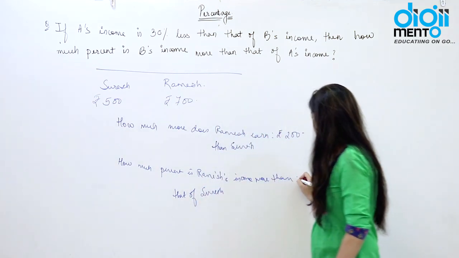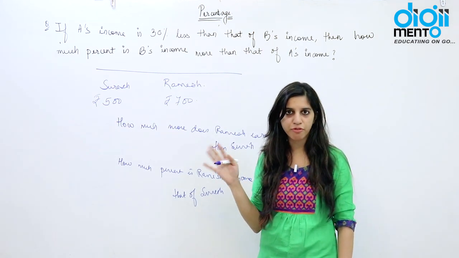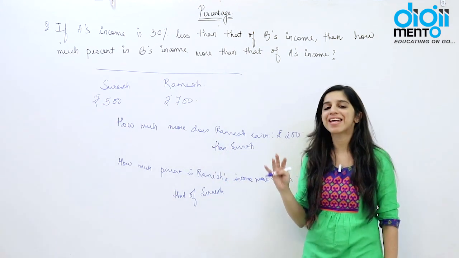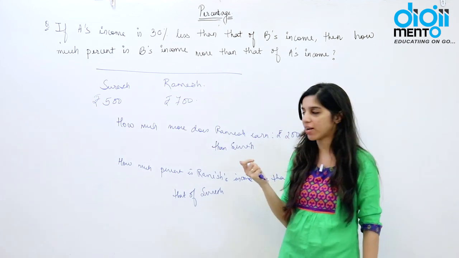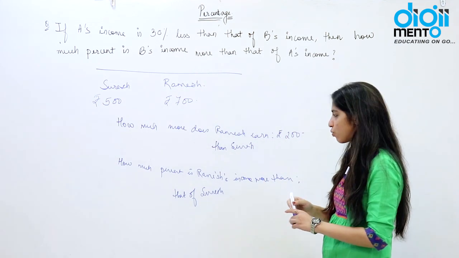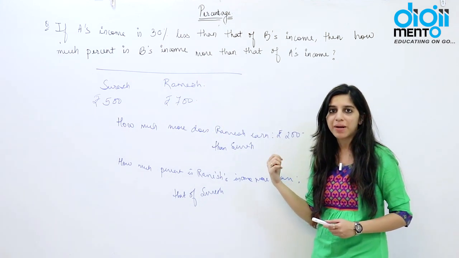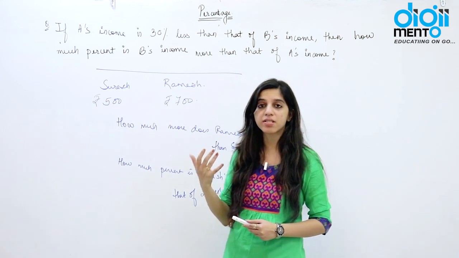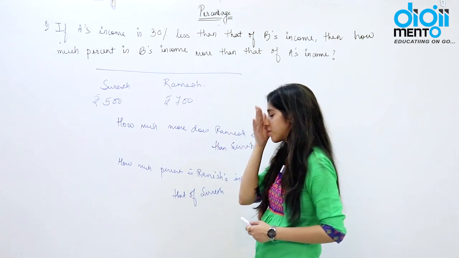Now we know the concept of percentage. Why are we finding percentage? To scale it down to a reference of 100, to compare it, right? In absolute sense you know that this person is earning rupees 200 more, but you need to have a scale. On scale of what? You cannot directly multiply it with 100 to find percentages.